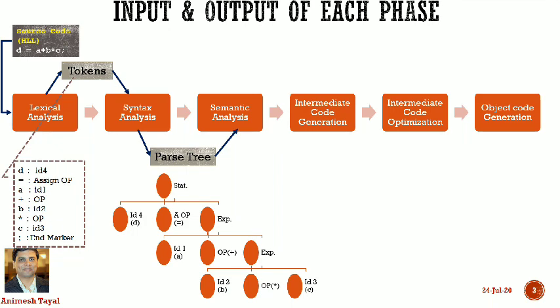ID4 is equal to an expression. Expression is further divided into sub expression a identifier plus expression, and the last expression is b star c. So it is a tree structure. You can see here all the leaf nodes of that tree will be the sequence of tokens.